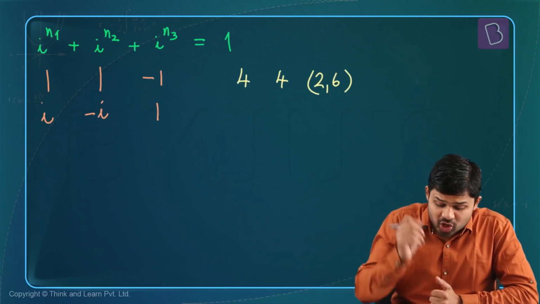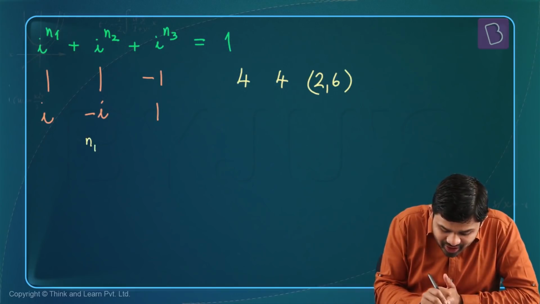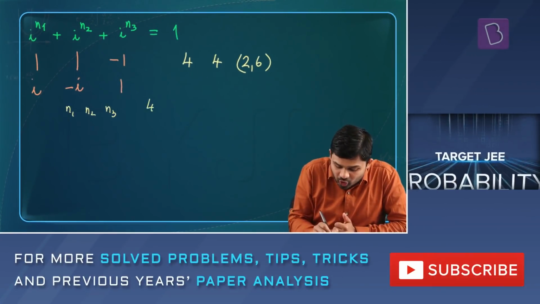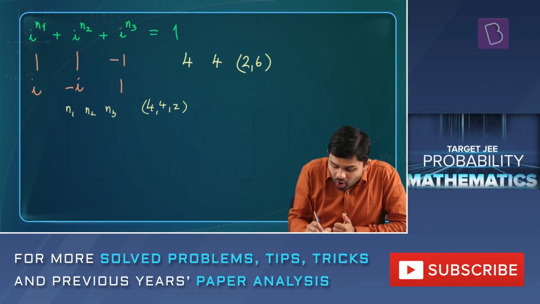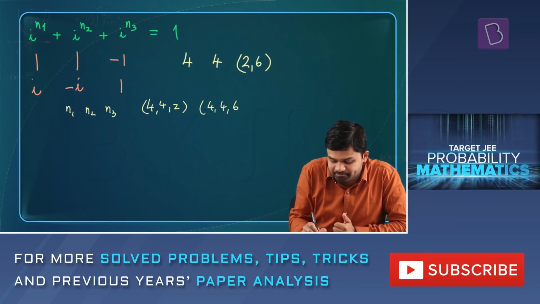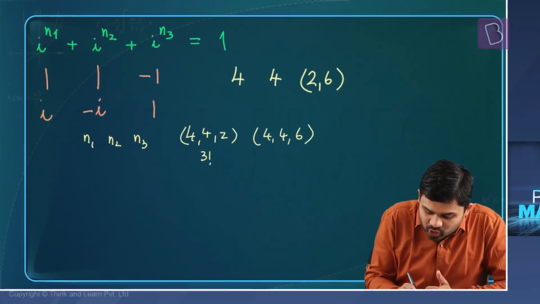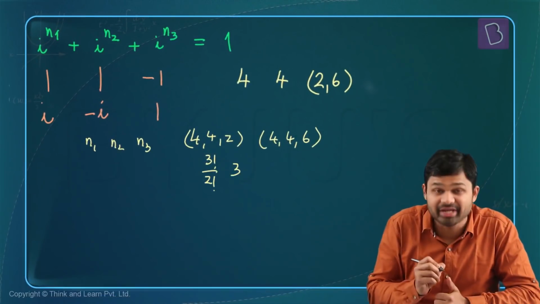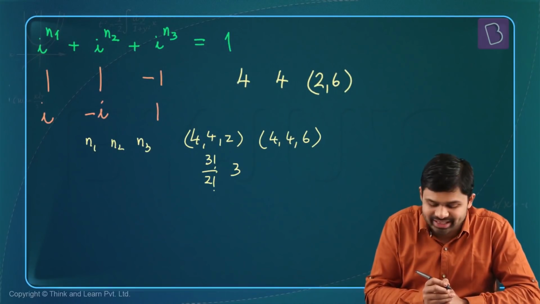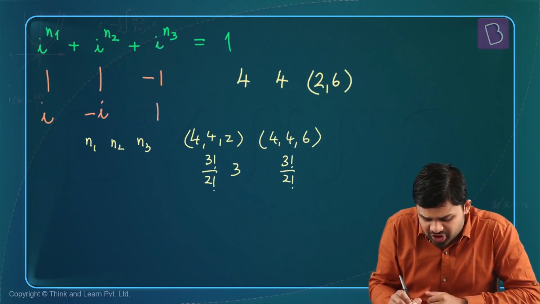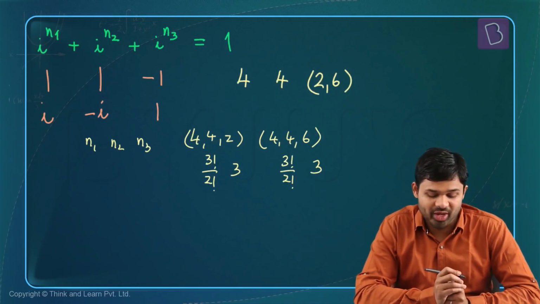So we can have n1, n2, n3 take different permutations of 442 or 446. Correct? Now 442 can be permuted in 3 factorial by 2 factorial ways, or 3 different ways, and 446 can be permuted again in 3 factorial by 2 factorial, which is again 3 different ways.